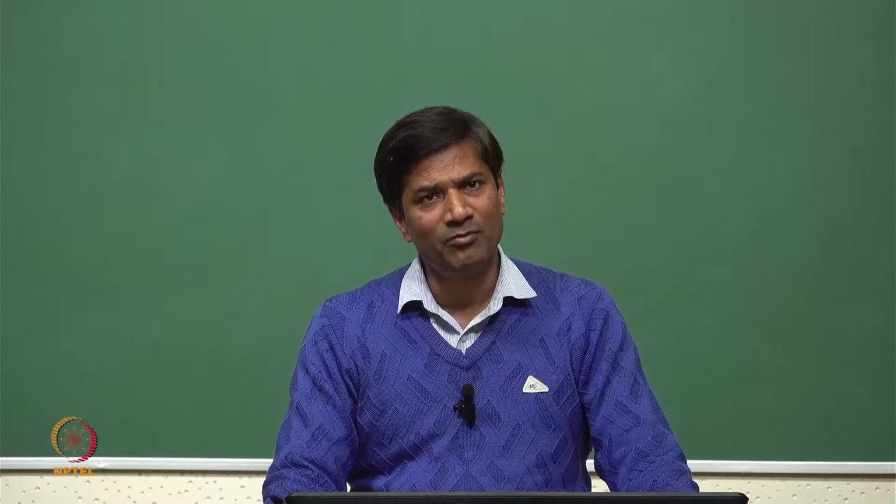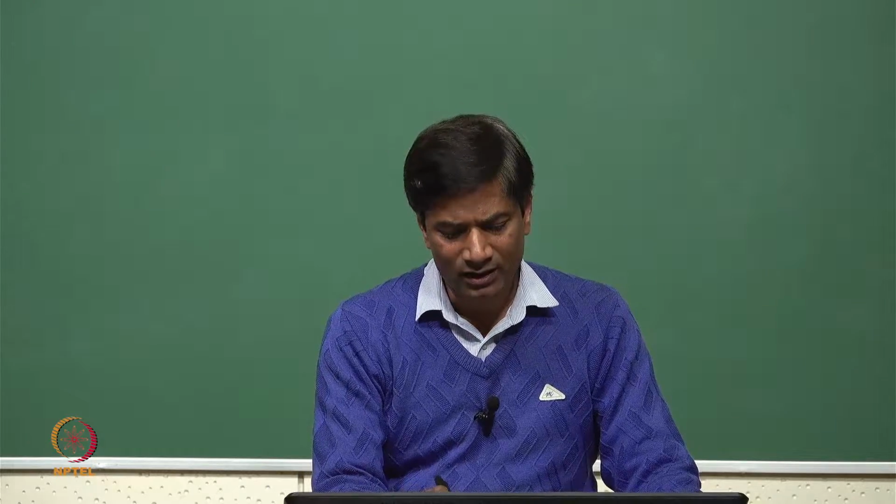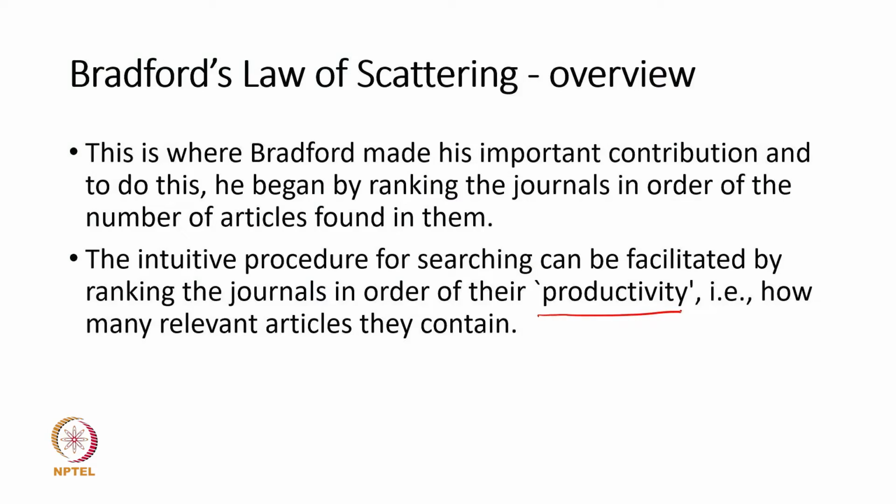He began by ranking the journals in order of the number of articles found in them. The intuitive procedure of searching can be facilitated by ranking journals according to their productivity. Here, productivity means how many relevant articles they contain.